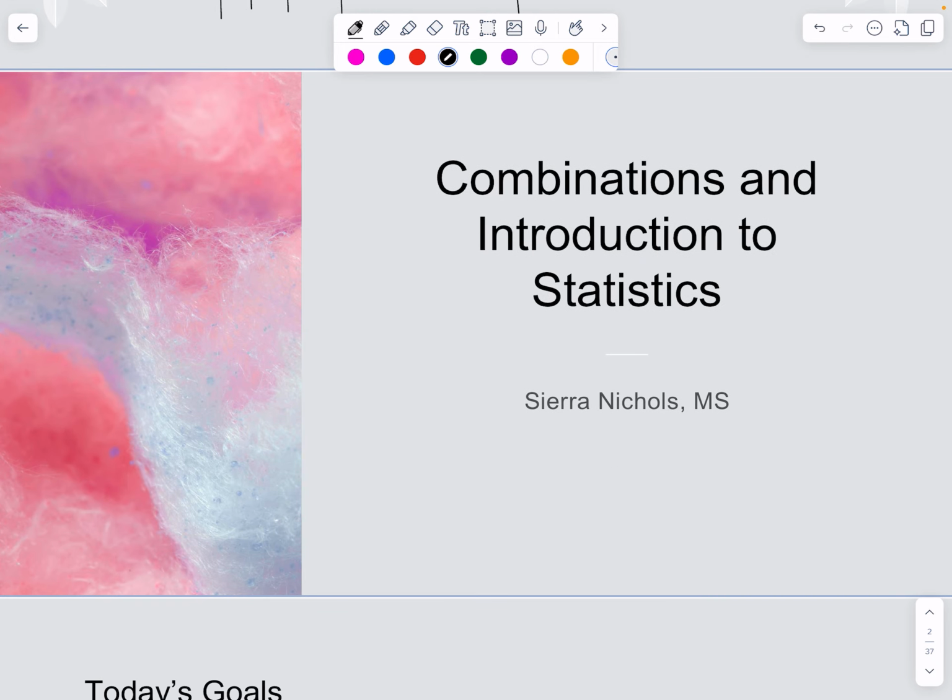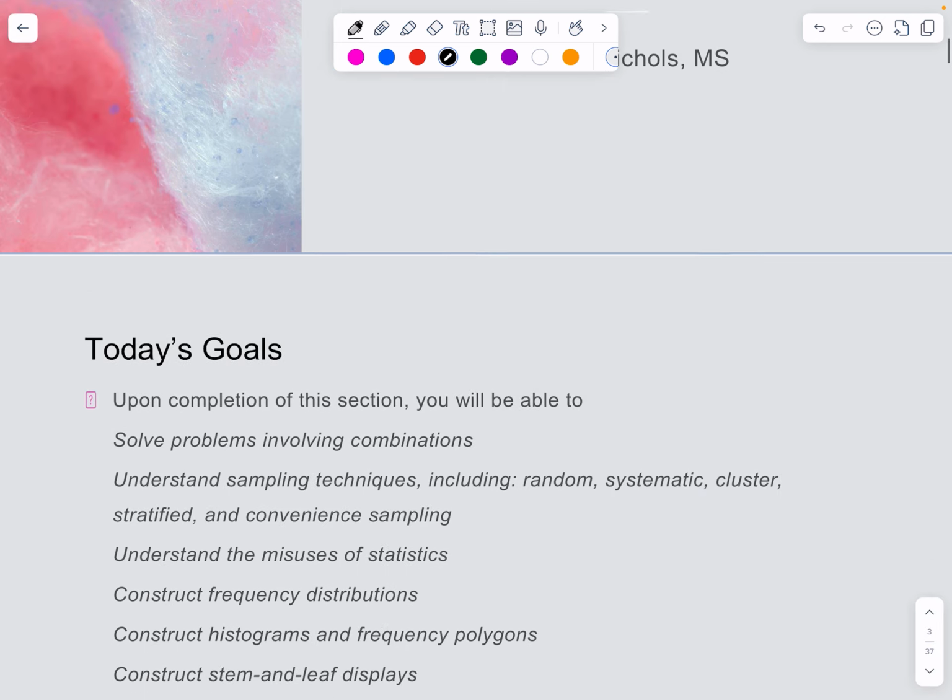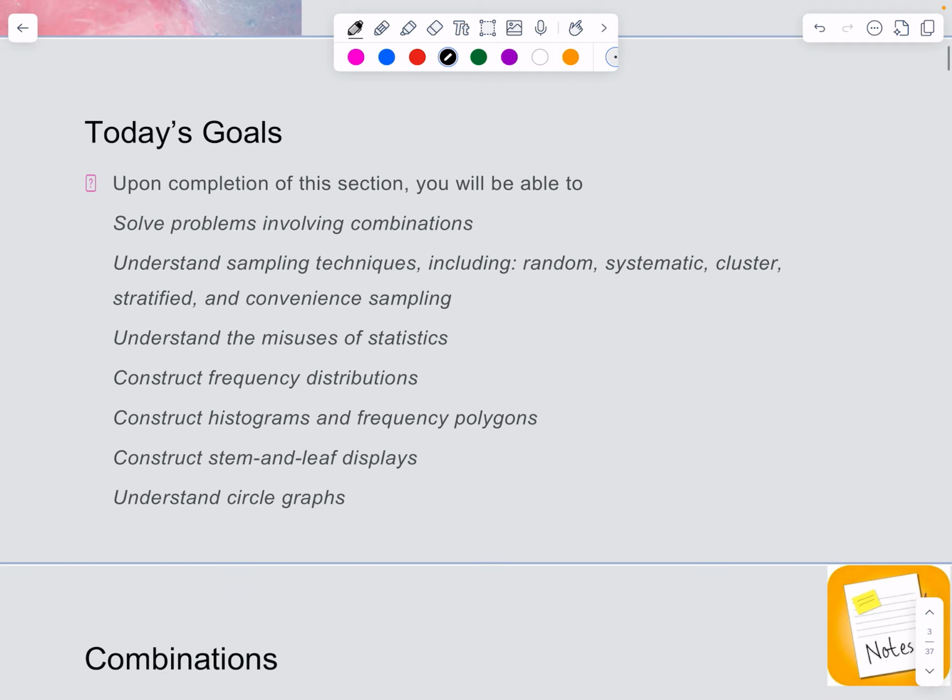Okay, so this is going to be our last section from chapter 11, combinations, and then we're going to start chapter 12, the introduction to statistics. What I want to be able to do by the end of this lecture is solve problems using combinations. Then take a look at sampling techniques. We'll go over what is a random, systematic, cluster, stratified, and convenience sample.